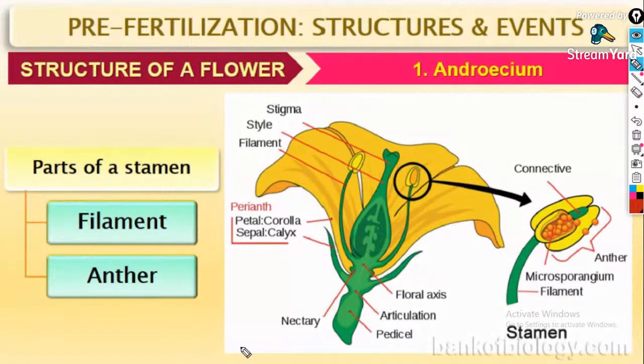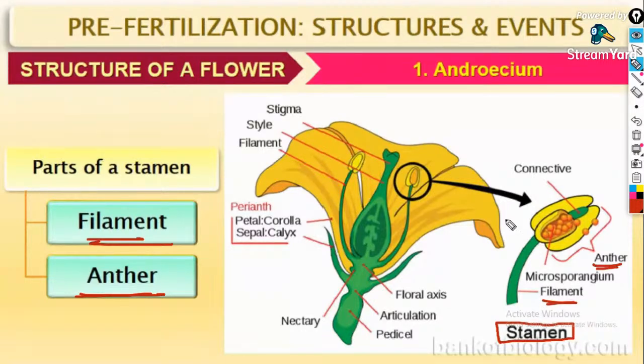The stamen consists of two main parts, that is the filament and the anther. I have already discussed that the stamen is the individual unit of the Androecium. It consists of two main parts, filament and anther.